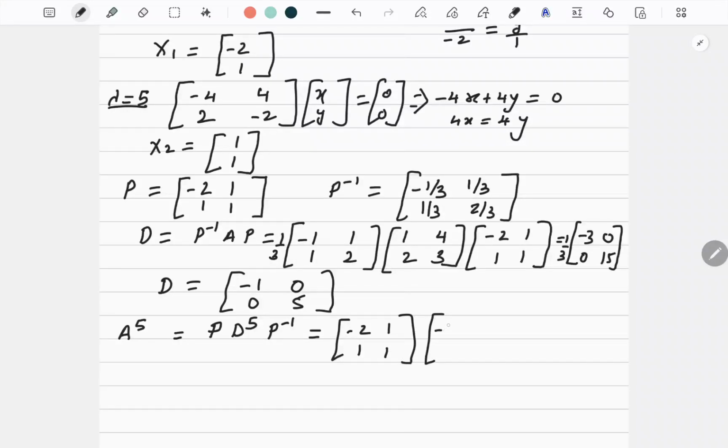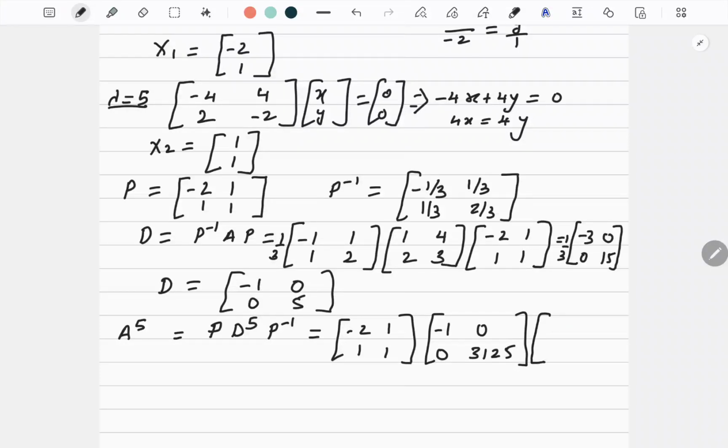D to the power 5 means minus 1 to the power 5 is minus 1, 0, 0. And then you have to find 5 to the power 5, which is 3125.